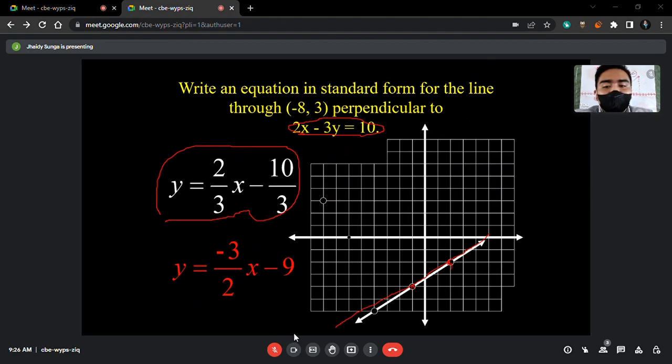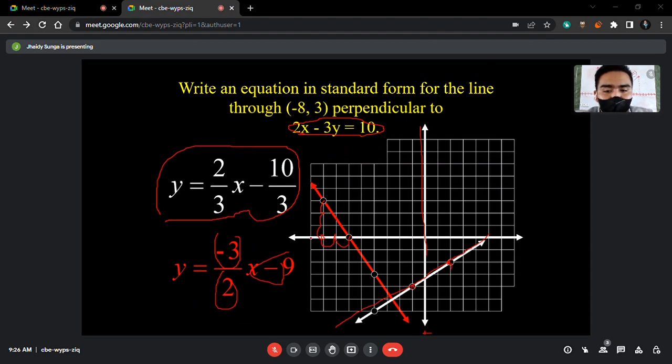Okay, so we are having this negative 3 over 2. From here, we go down 1, 2, 3, and we go to the right twice, 1, 2. Negative 3 and 2. So our y-intercept is negative 9. Knowing that on the y-axis, our negative 9 goes down below, so it will reach up until the end.